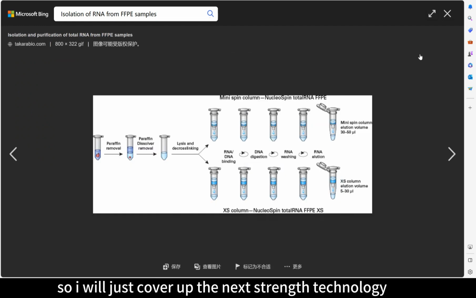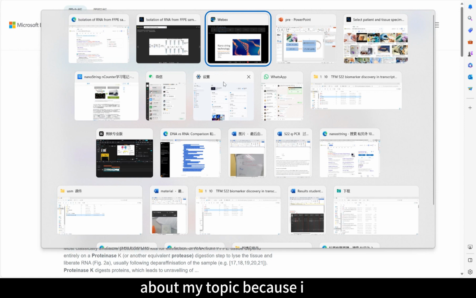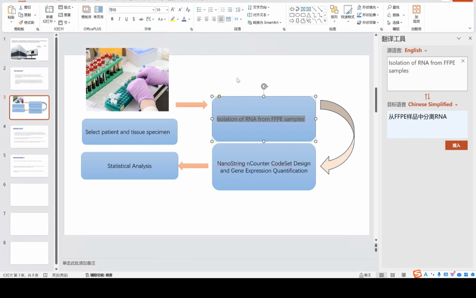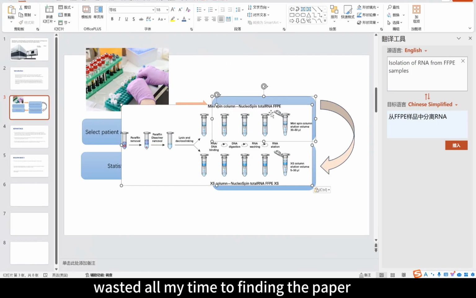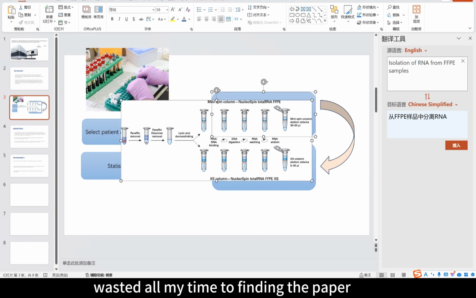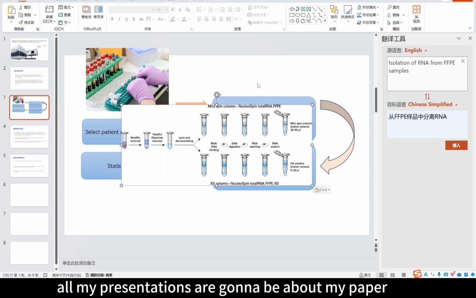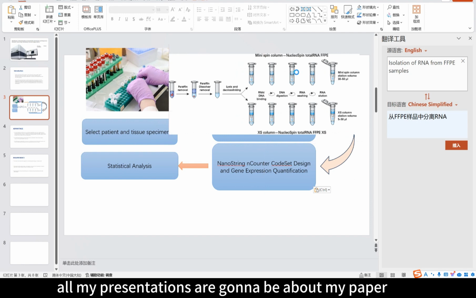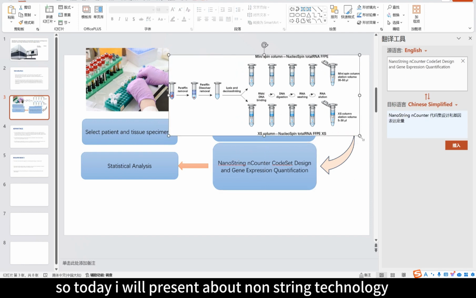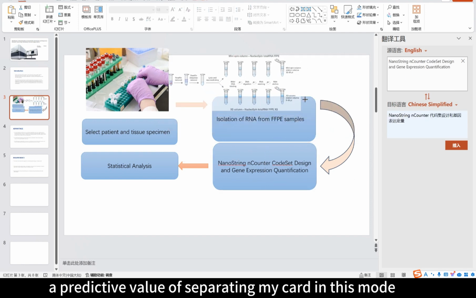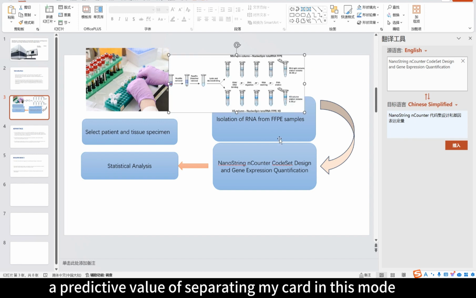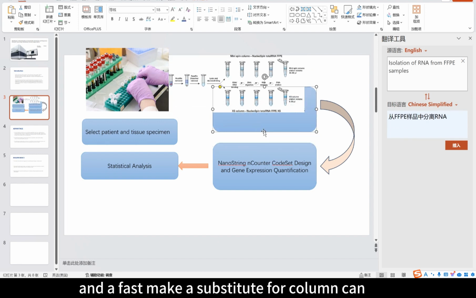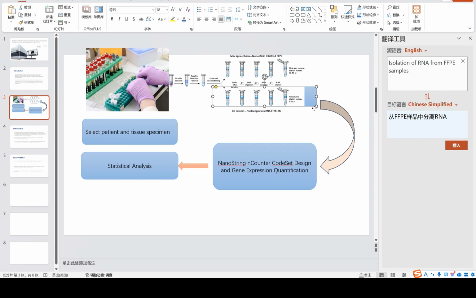So I will just cover the nanostring technology as my topic, because I wasted all my time finding the papers, thinking my whole presentation was going to be about my paper. So today I will present about nanostring technology, the predictive value of circulating microRNA in lymph node metastasis for colon cancer.